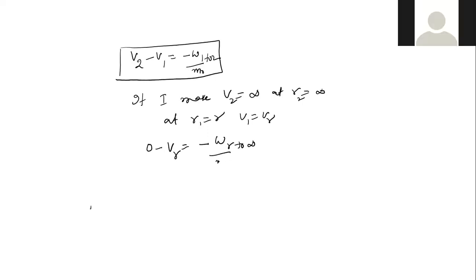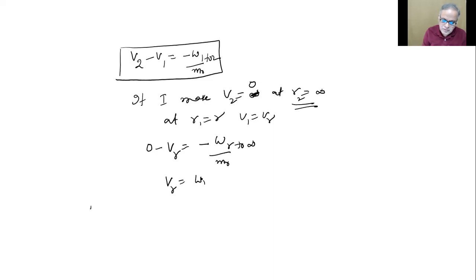Sir, V2 is 0 at R2 equals infinity. You wrote infinity. So I'll get V_R equals W from R to infinity by m naught.